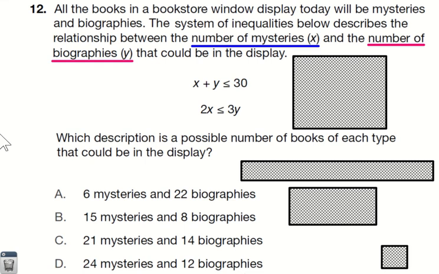Now, I hope you quickly realize that these are all possible solutions. Remember, because the number of mysteries is X. So this is basically saying if you let X equal 6 and Y equal 22, will that satisfy both of these inequalities?